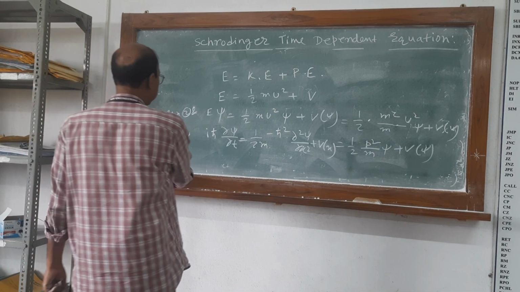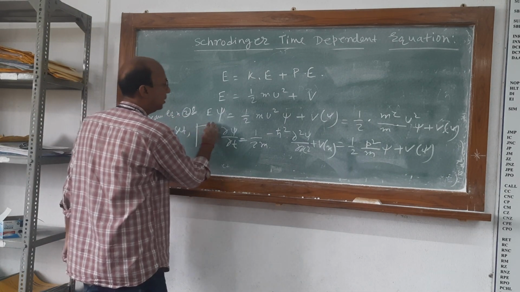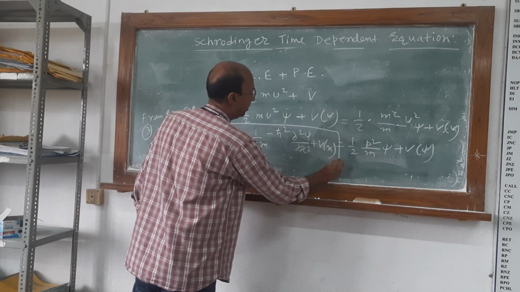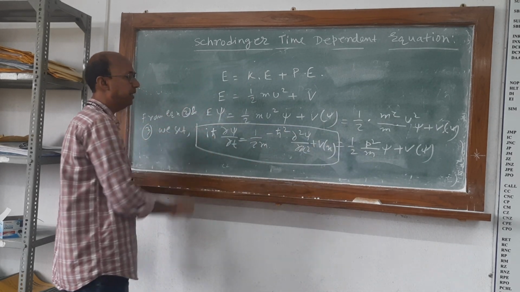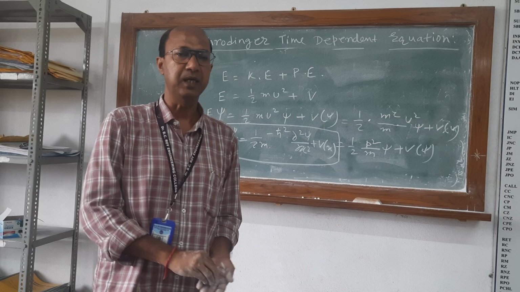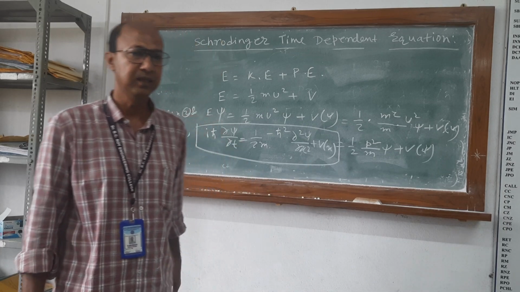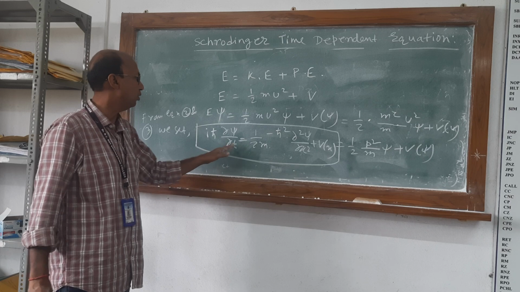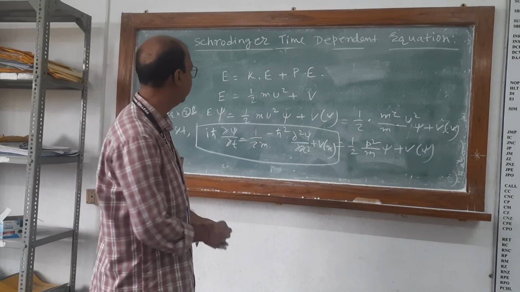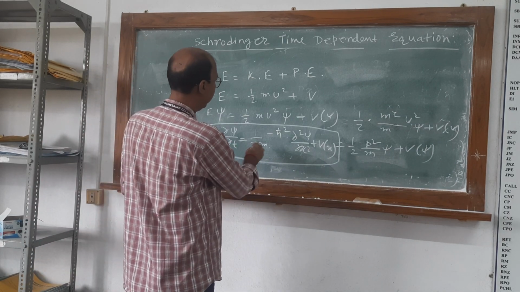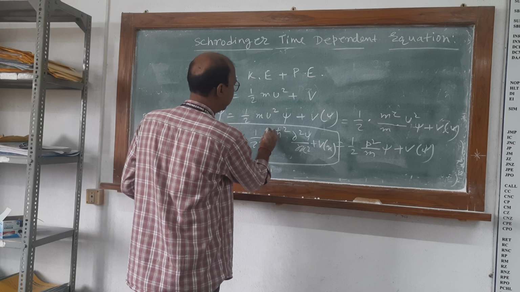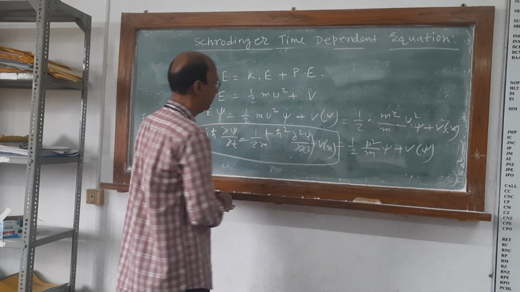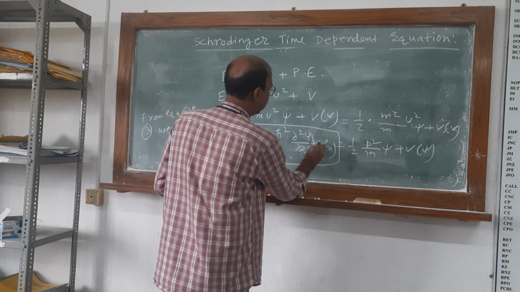This is the Schrodinger time dependent equation for a one-direction moving particle, with 1 by 2m into minus, not plus.